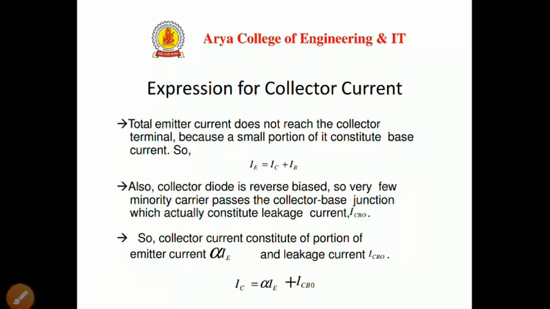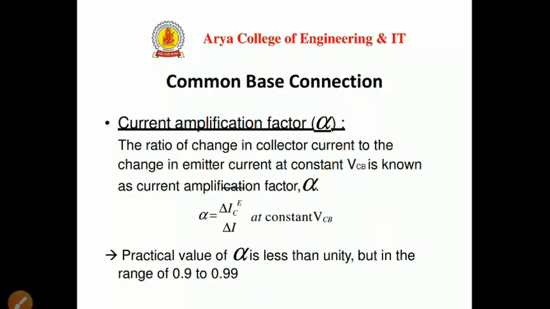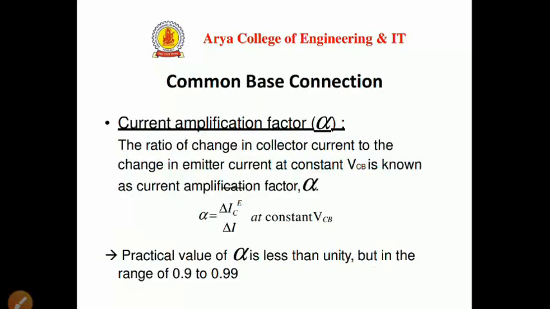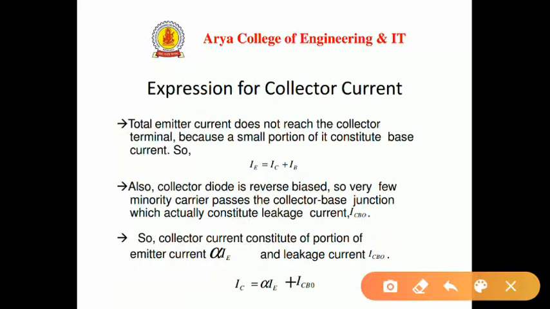Now we have some expressions for collector current. We know that IE equals IC plus IB, because the emitter current is divided into collector current and base current. That's why we can use KCL: IE equals IC plus IB.